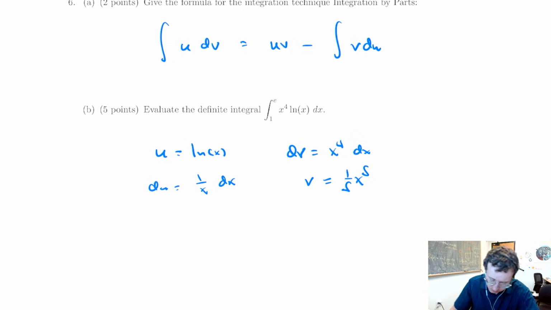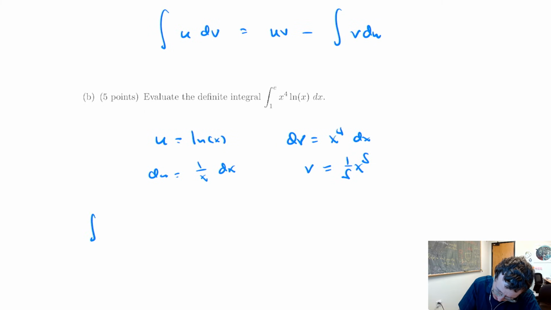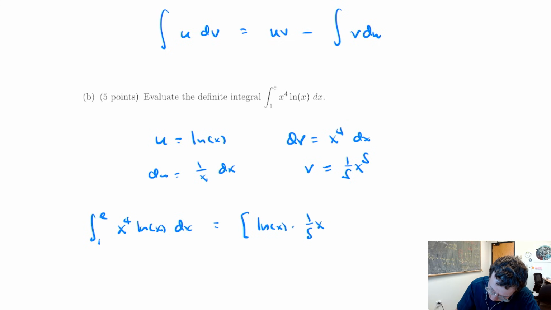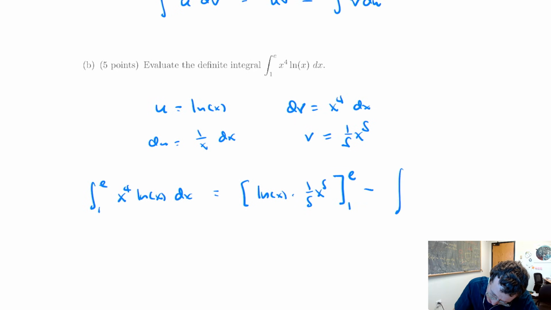So the integral of x to the fourth ln of x is uv, which is ln of x times 1/5 x to the fifth, and that gets evaluated from 1 to e, minus the integral from 1 to e of v du, which is 1/5 x to the fifth times 1 over x dx.